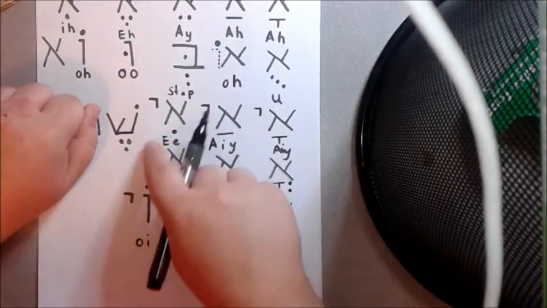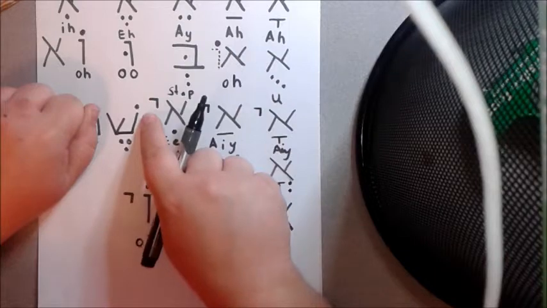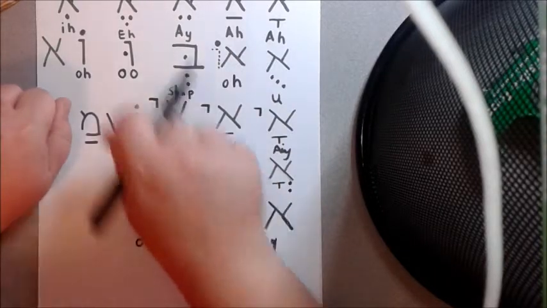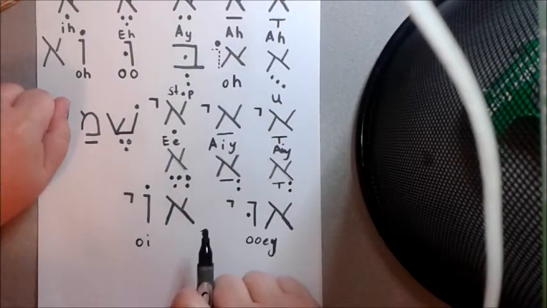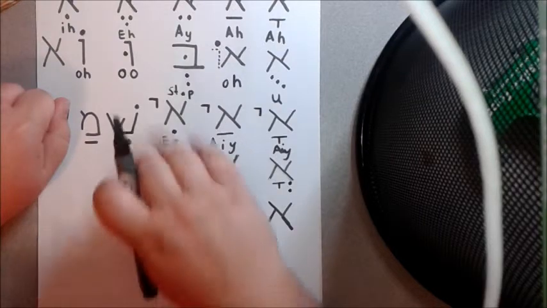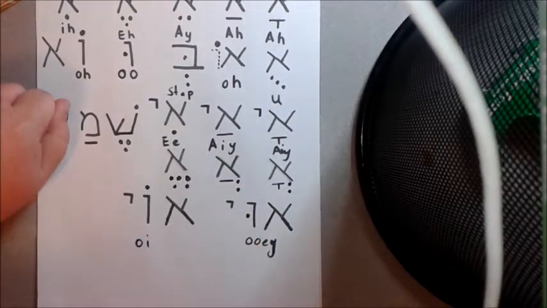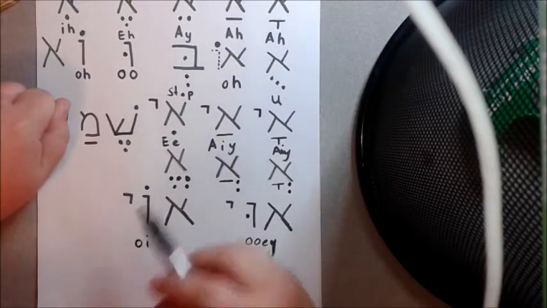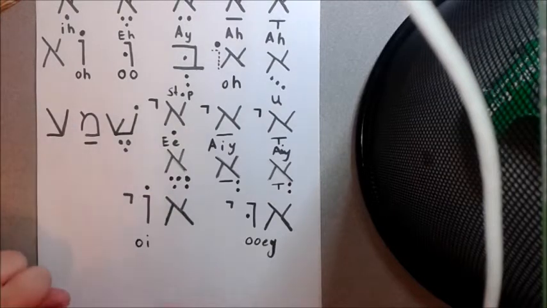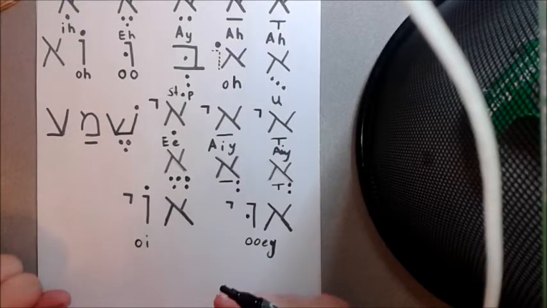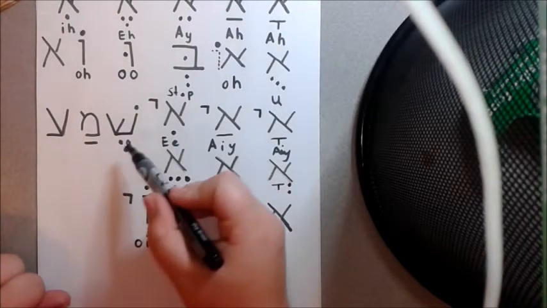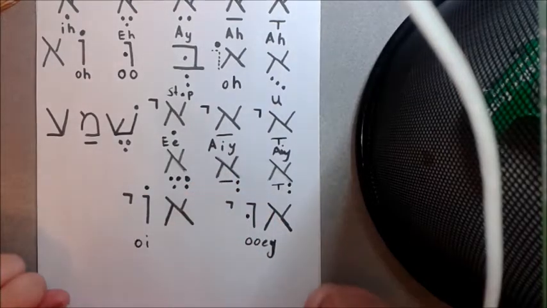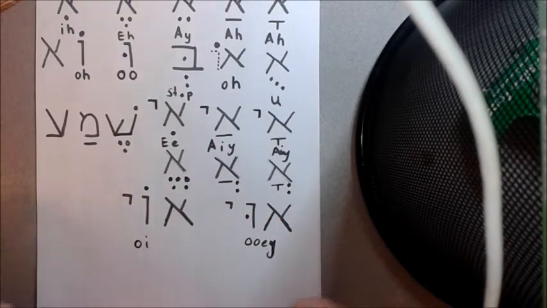Okay, we have the eh sound underneath the sh, she, and then ma. That on its own is just going to have the mem, ah, with this sound here. Okay, shema, and because the ayin is silent, it doesn't say a word. Okay, shema.